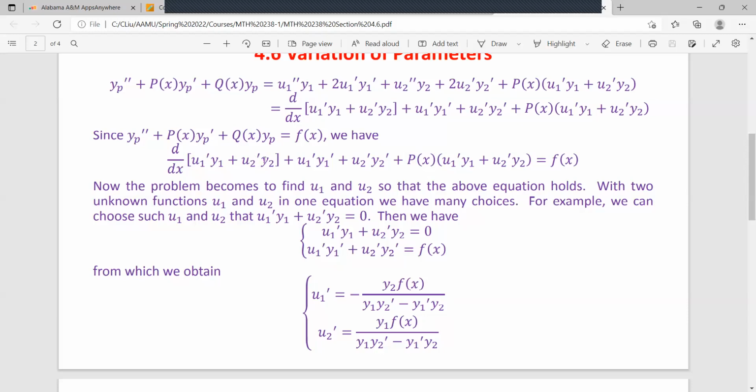So then the only thing left on the left will be just u1 prime y1 prime plus u2 prime y2 prime. So that has to be f of x if we take this choice. And that simplifies a lot for the equation itself. All right. So you can have some other choice, but this turns out to be the best choice because it just vanishes the third term and the first term. Okay.